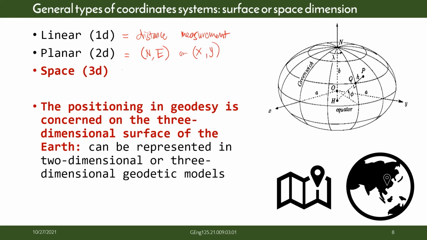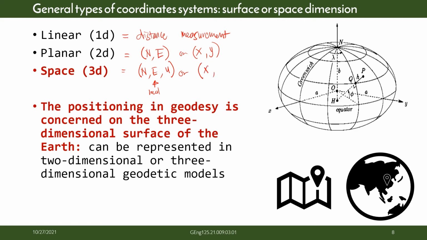So in space 3D, we have northings, eastings, and up. Up means you do vertical. This is by means of local projection or global projection.